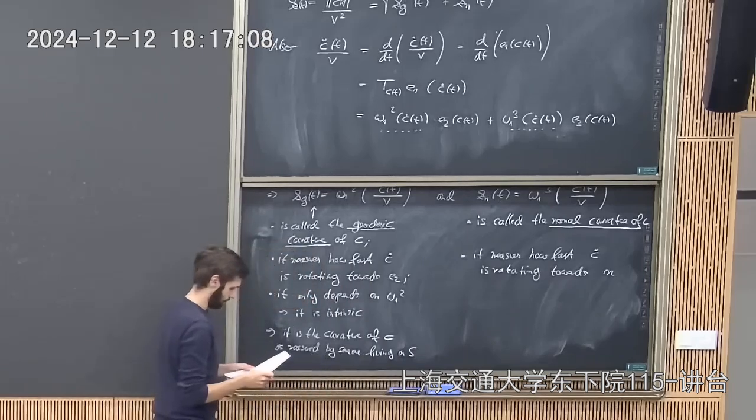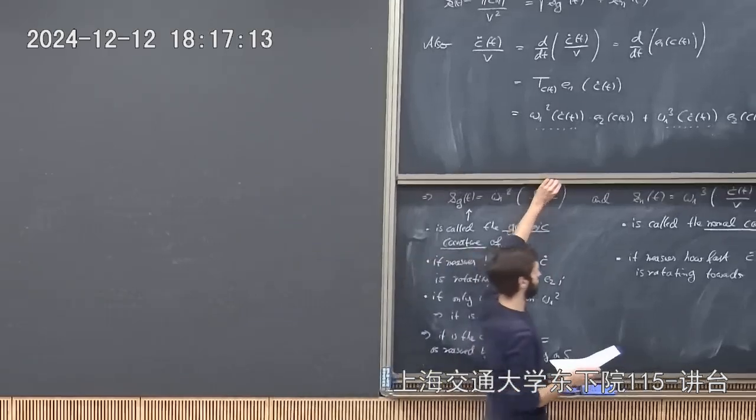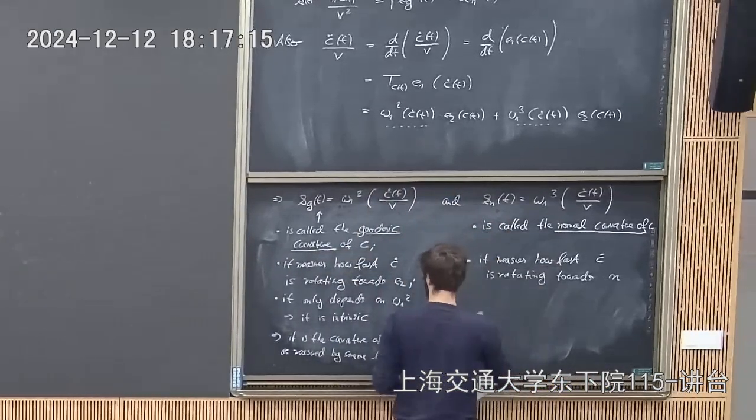So that's the interpretation. Clearly, it depends on omega 1, 3. So it's extrinsic.